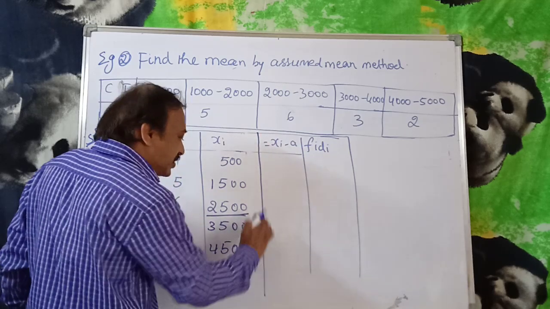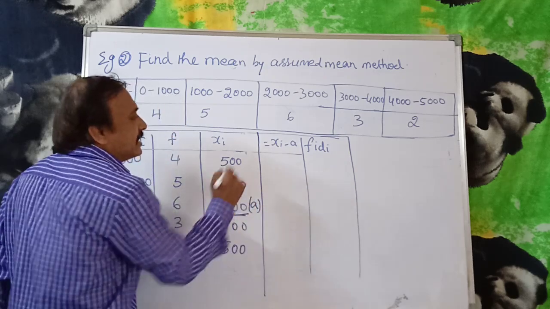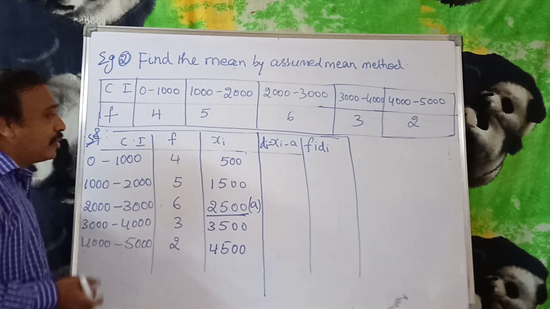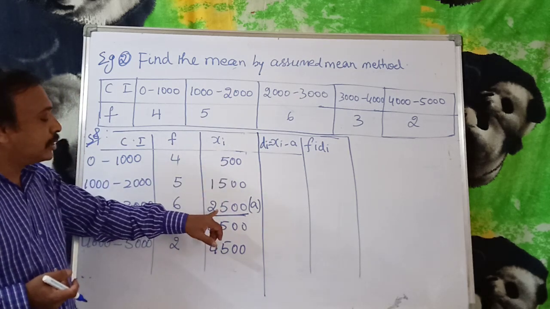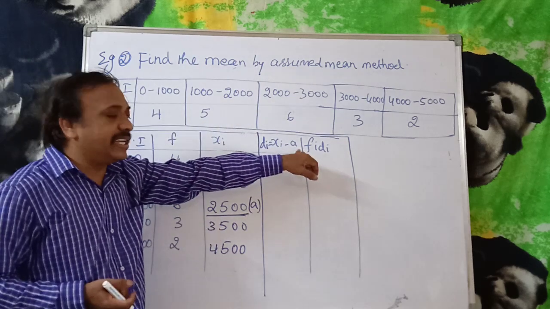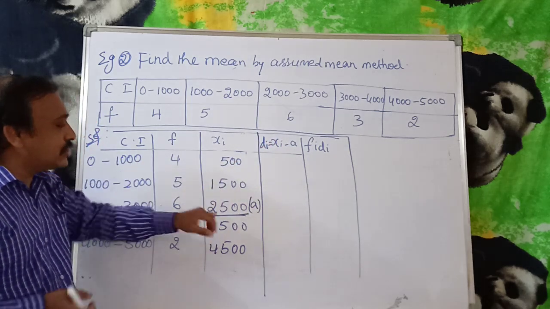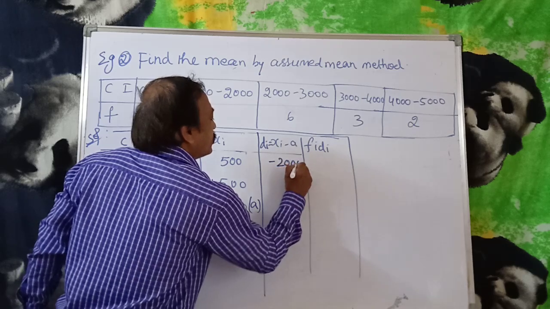You need to write wherever you are assuming, that is a, in the bracket. So di is equal to xi minus a. Now 2500 minus 500. Observe it. xi minus a, 500 minus 2500, that is minus 2000.